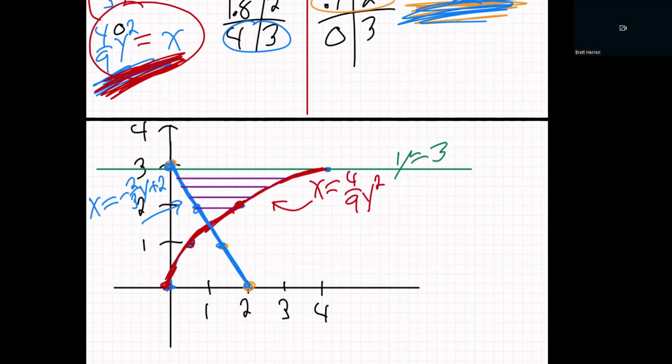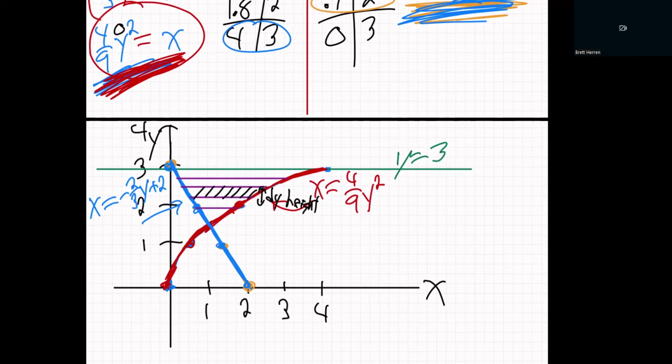I want rectangles like that, and I want to add up the area of those rectangles, don't I? Now, how do you find the area of one of those rectangles? Well, say that rectangle right there. dy is the height, going up the y-axis. dy is the height. That's clear.